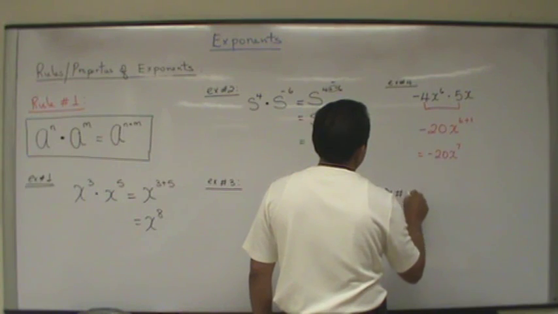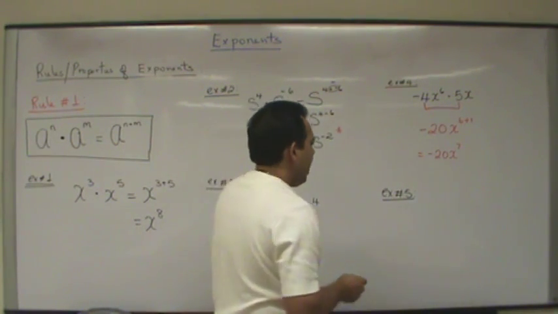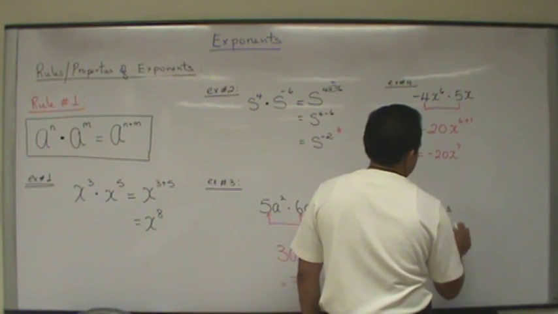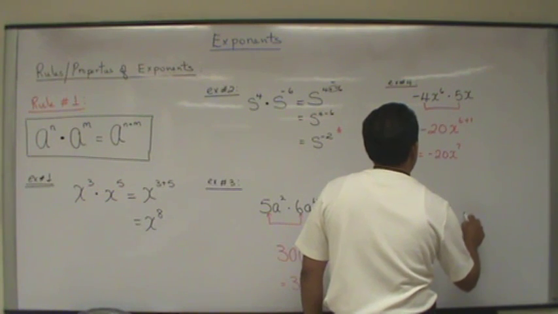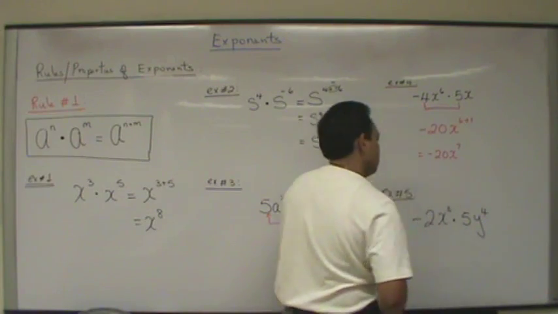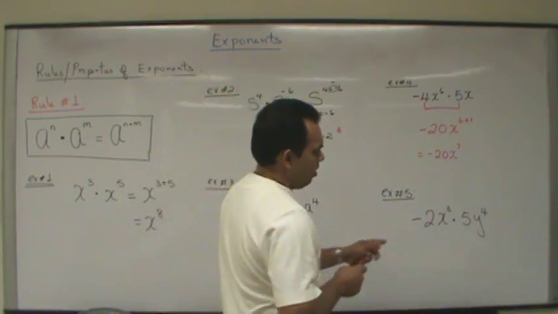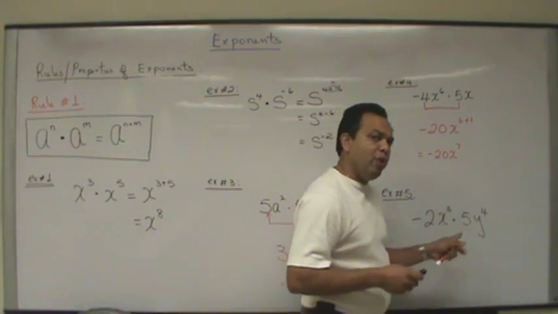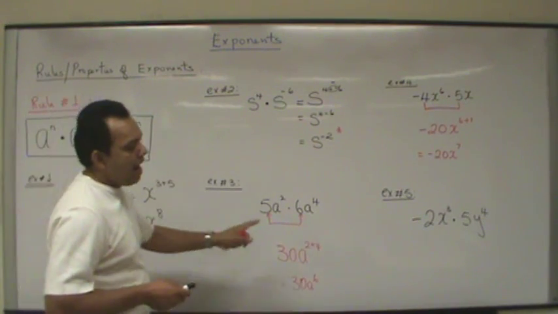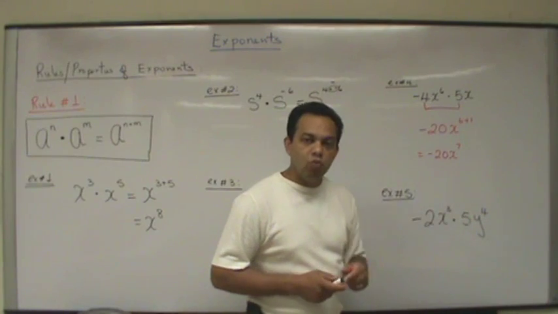In the last example, example number 5, before we move on, how about if I have negative 2x to the 3rd times 5y to the 4th? Well, the bases here are not the same. So we cannot apply rule number 1. We cannot add the exponents of 3 and 4 because here the base is x, here the base is y.